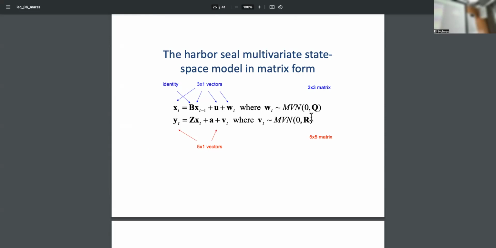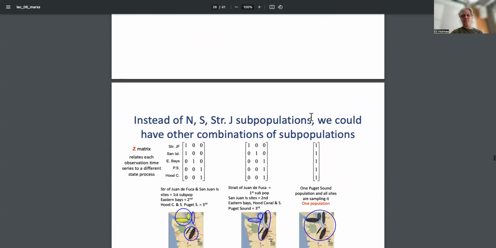And then we care a lot about that because we're asking things about population structure. And we might care about that if we were saying, hey, are the ship-based estimates more variable than the land-based ones? Something like that.